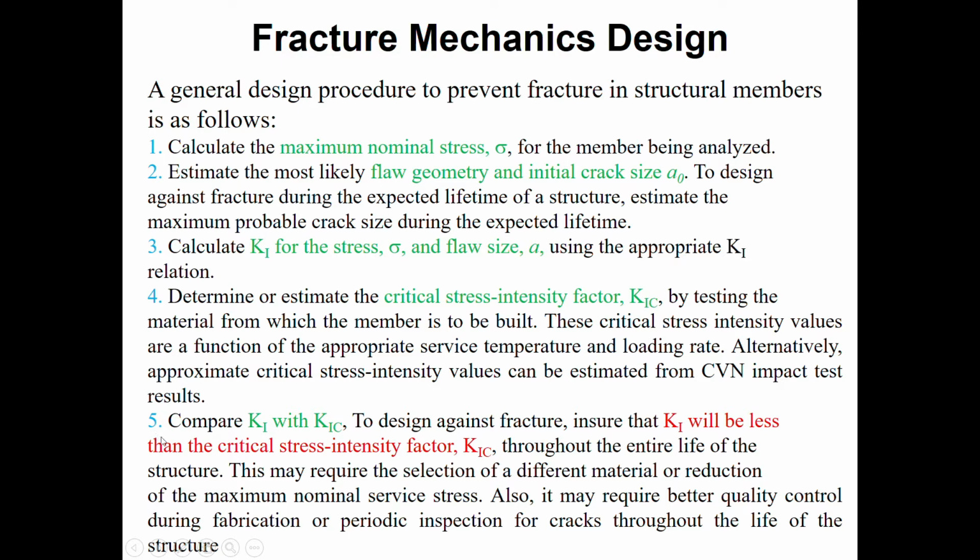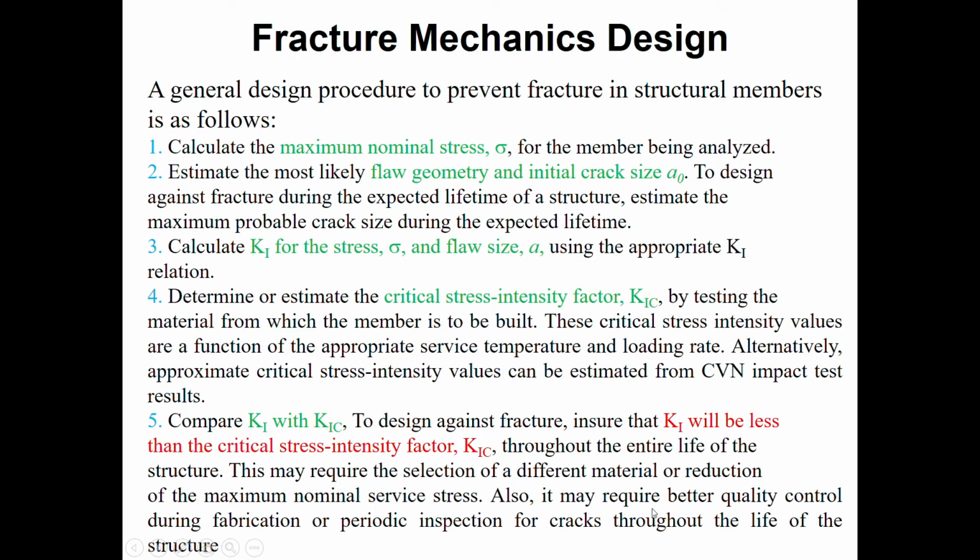The last one is to compare K1 and K1C. From here, we need to design against fracture, ensuring that K1 will be less than the critical stress intensity factor K1C throughout the entire life of the structure. This may require the selection of a different material or reduction of the maximum nominal service stress.